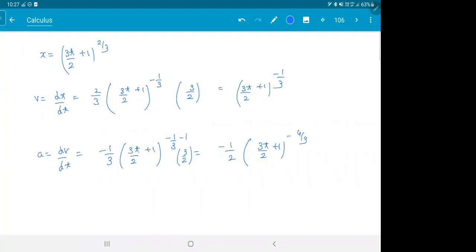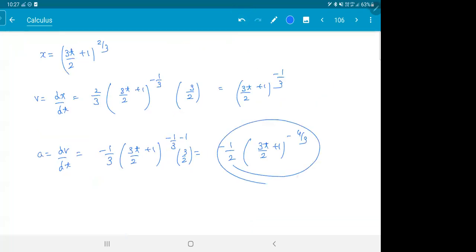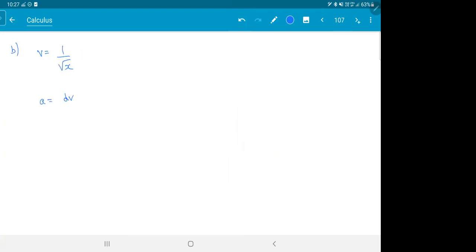You gave us v is 1 by root x. One way to do this is to get x from here and put it in here. It's a mess actually, if you try to do it that way. But if someone asks you a in terms of x and v is given, look at this. This is a better one.